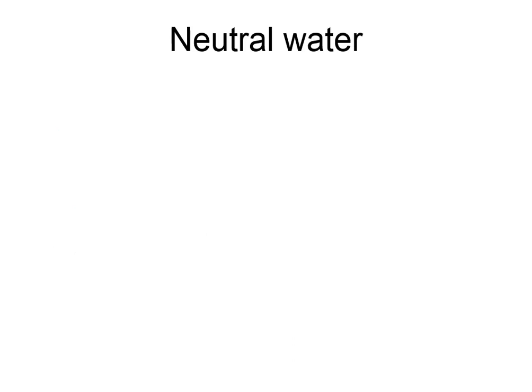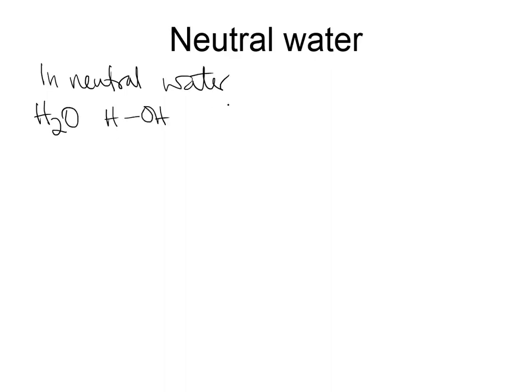So what happens when you have a neutral water? In neutral water, you have water as H2O or HOH. So you have water in these forms. But there is a small amount of water where this one is cut and this one is cut.